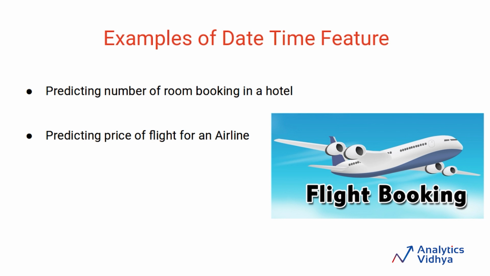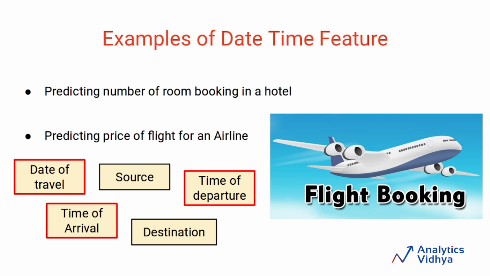Another example is of predicting the price of flight for a particular airline. As you can imagine, the price would be higher during the time of vacation or during the weekend, while it should be lower during non-holiday seasons. What are the possible factors that can affect the price of a flight ticket? Here are a few I could come up with.